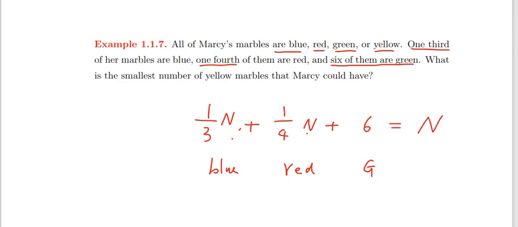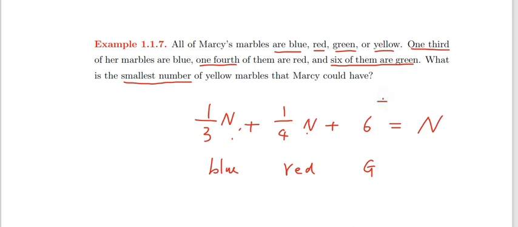So from here, we can find n. We have many possible n's, so we want to find the smallest number. Oh no, I made a mistake. The yellow one, we don't know yet. So here's the blue one, red one, green one, yellow one.